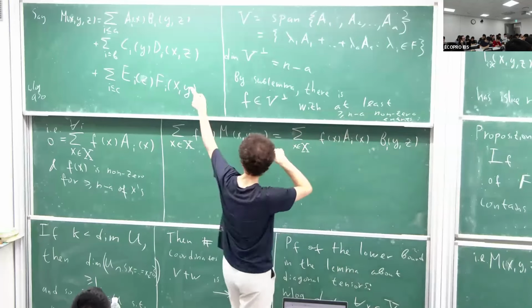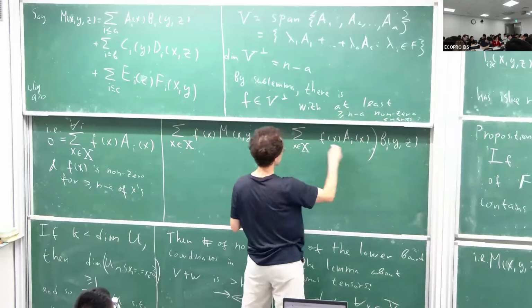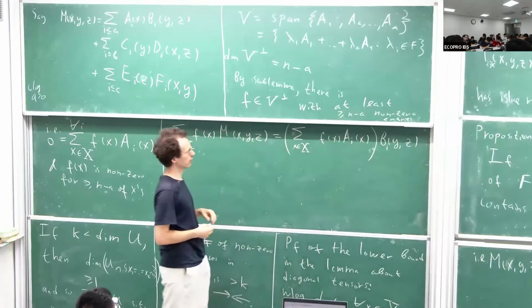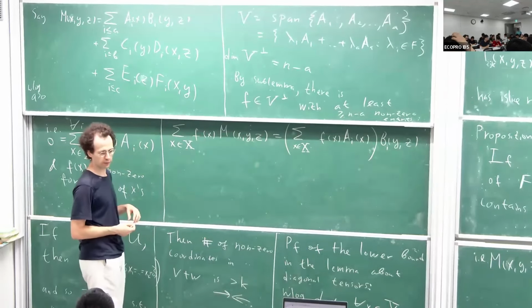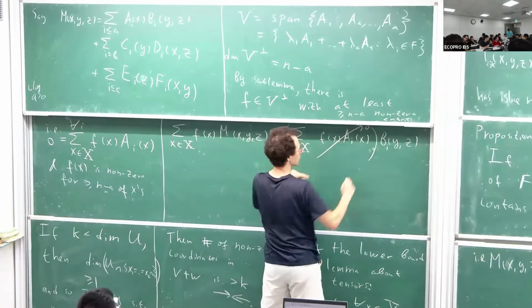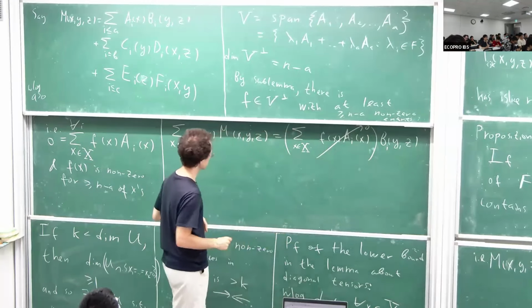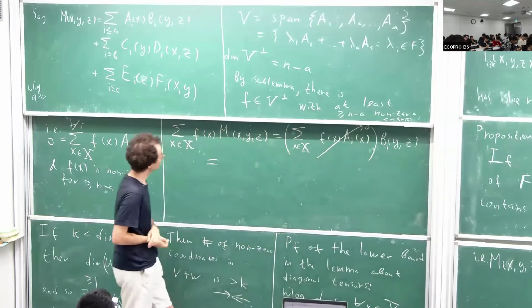This is the first summand. Now I can take this out of the sum, of course. So this thing is 0 by the orthogonality. This is the crucial step.